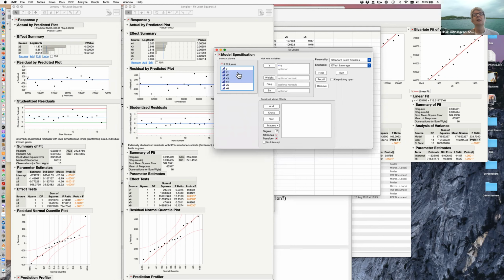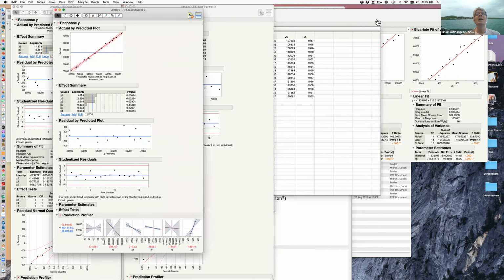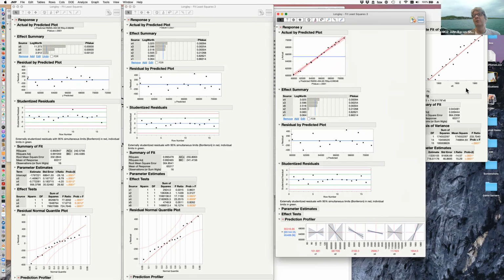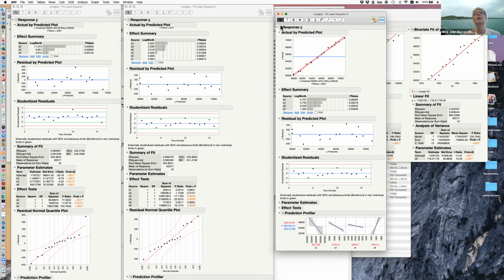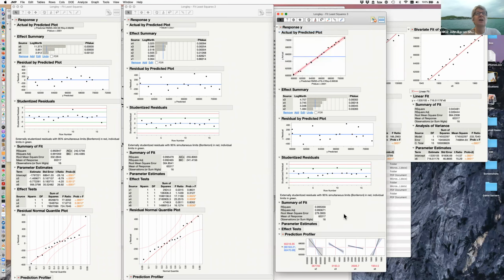If I put all of them back in, but now remove x1 and remove x5, if you look at this one, you can see the adjusted R squared is clearly higher than the one with all 6.